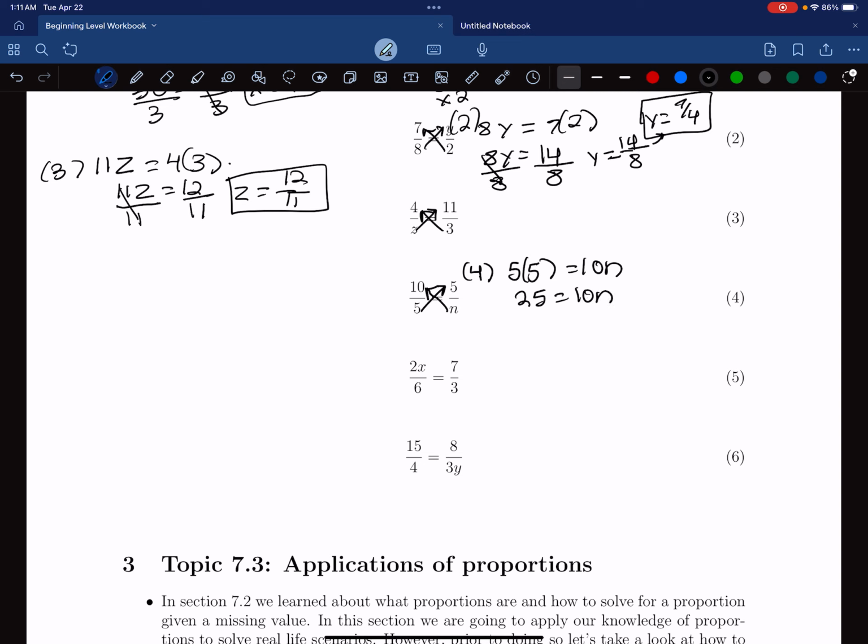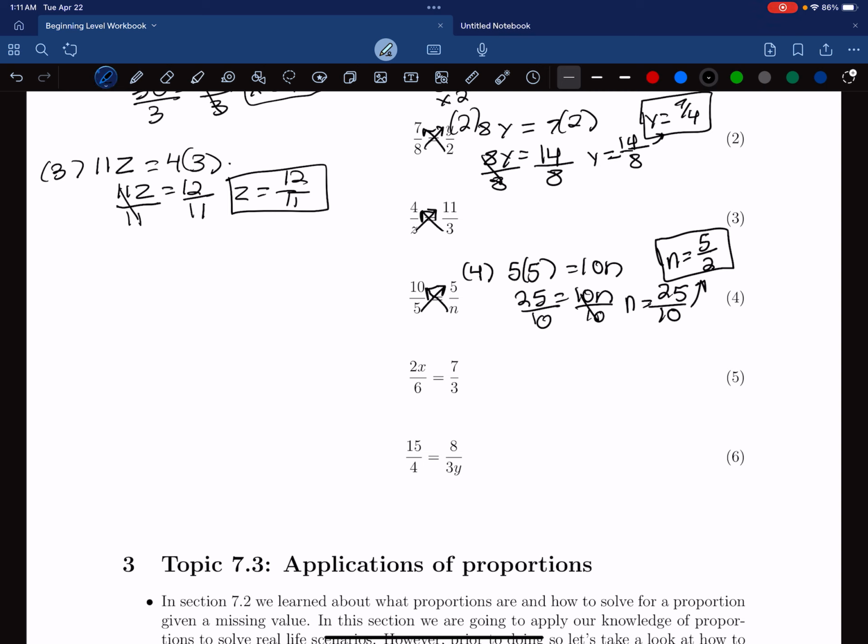And then to solve for n, we're going to divide by 10 on both sides. And you're going to get n equals 25 over 10. And we can reduce this fraction by dividing both the numerator and denominator by 5. So therefore, our reduced fraction will be 5 over 2, or 5/2.